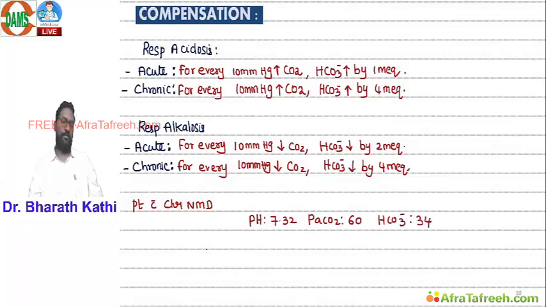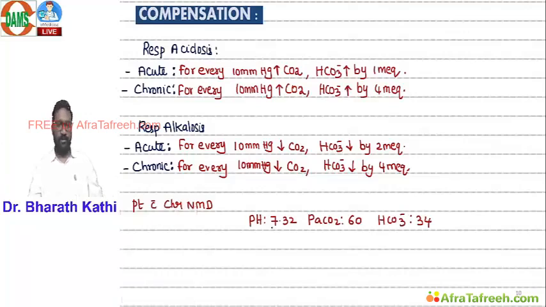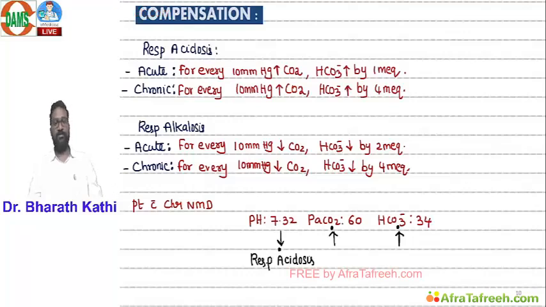Quickly tell me what is the primary disorder and also calculate compensation. Draw arrow marks. pH reduced, PaCO2 increased, bicarbonate increased. Any decrease in pH is acidosis. Change in pH with respect to parameters is in the opposite direction. So it is a primary respiratory acidosis.